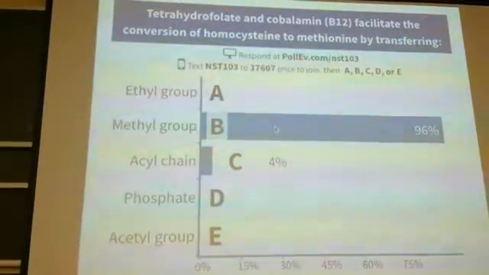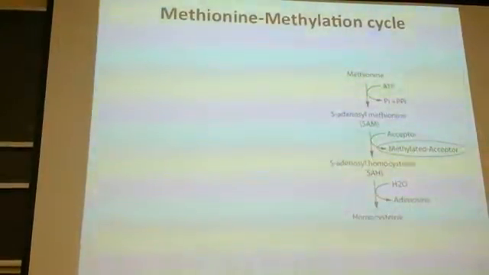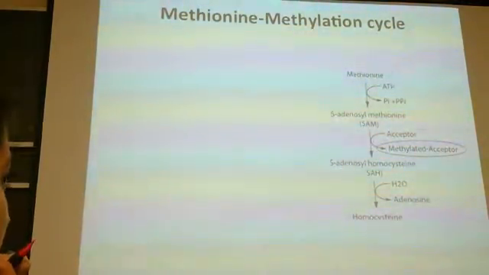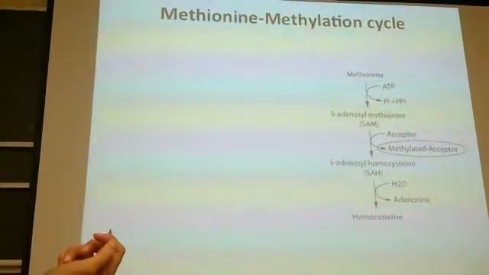So anytime you hear tetrahydrofolate or cobalamin, you usually think of methylation reactions. So we think of this cycle where methionine is converted into homocysteine, allowing this molecule SAM to play a role as a donor to methylate an acceptor, and that can be DNA for epigenetics, RNA, or proteins, right?